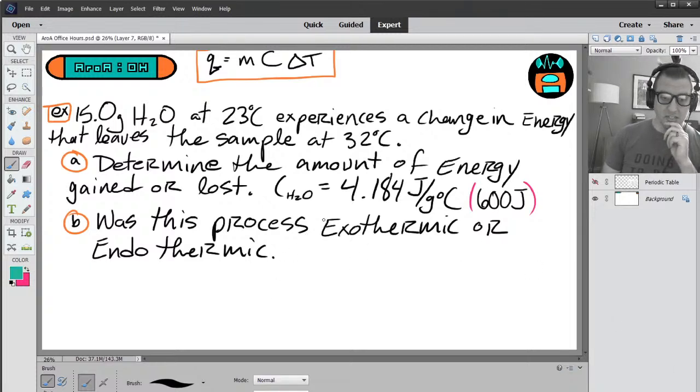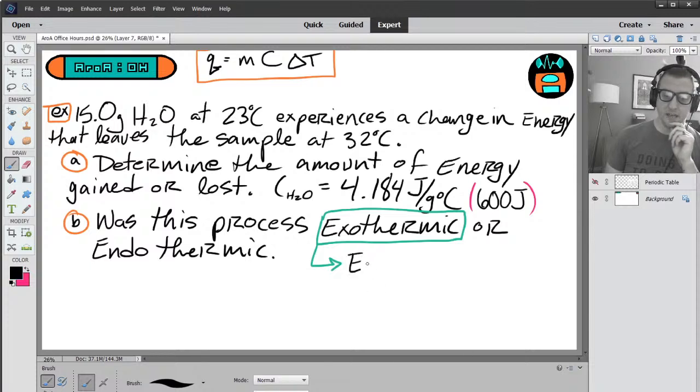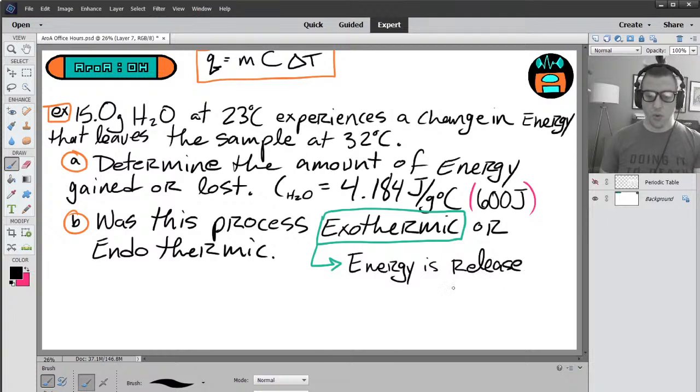Exothermic is a word that means energy is released.